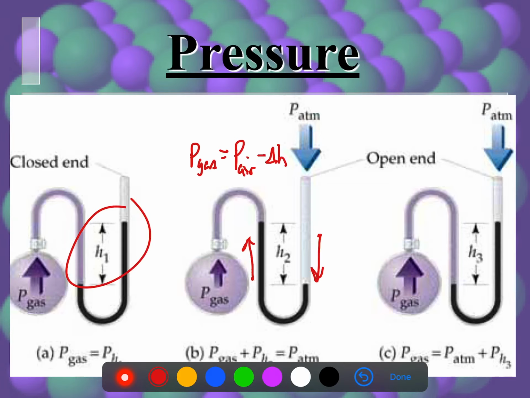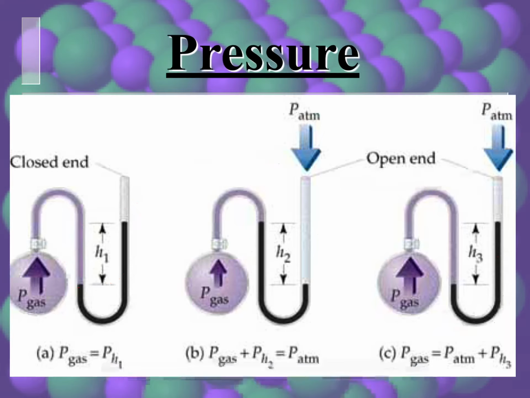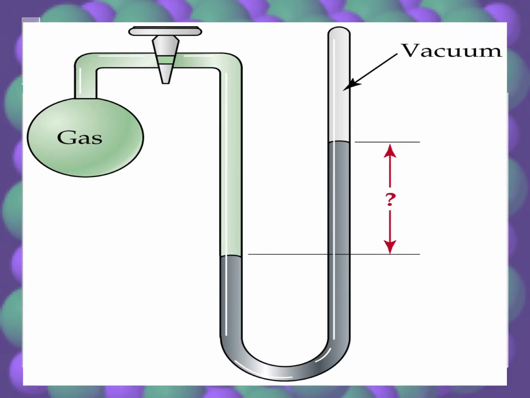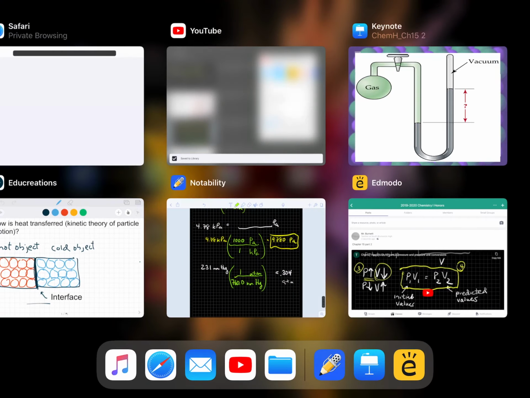If you open up the valve and the mercury moves away from your gas sample, that means that your gas sample is greater than the air, so you write pressure of the gas is equal to your air pressure plus delta H. So really you have to determine what's going on with the manometer. All right, so we'll try a couple of these.